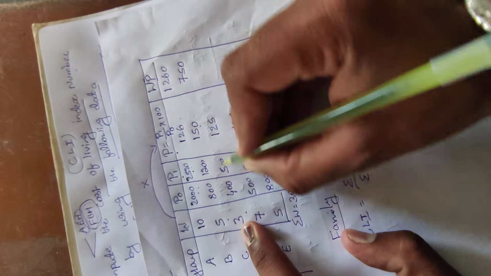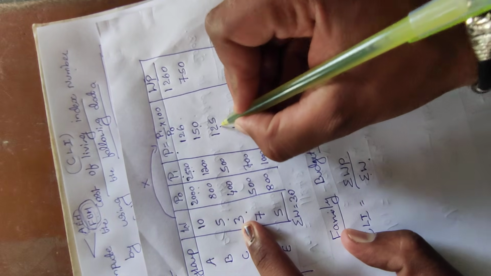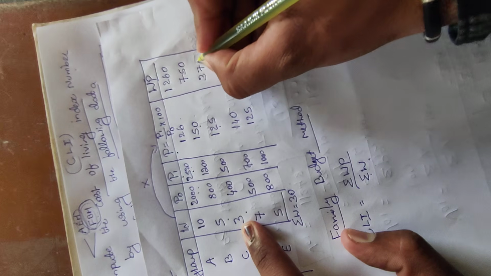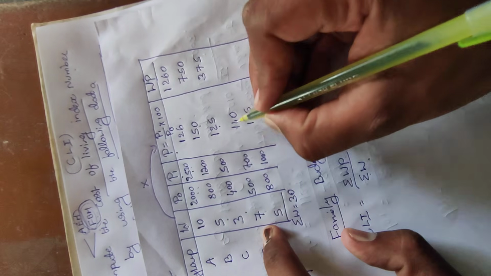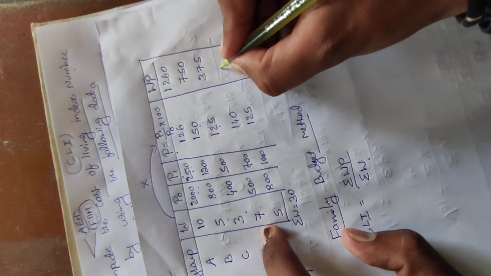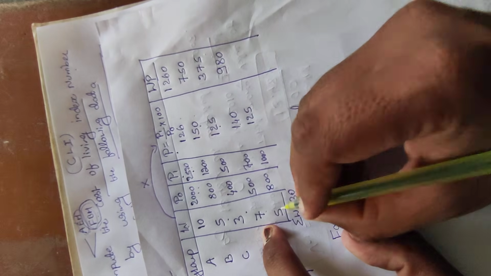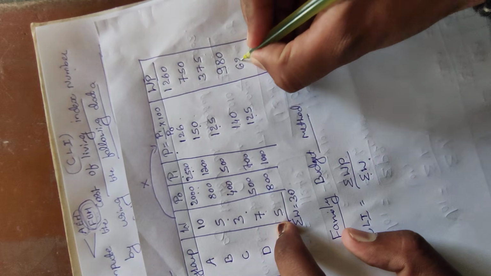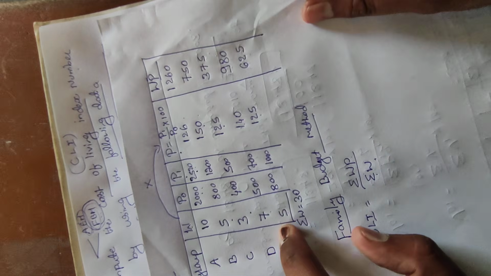Next 3 into 125 gives 375. Next 7 into 140 gives 980. 5 into 125 gives 625.